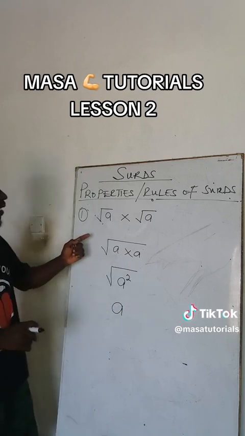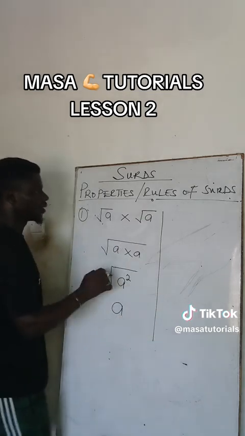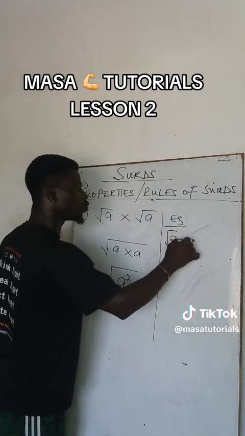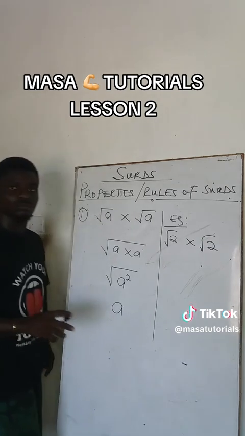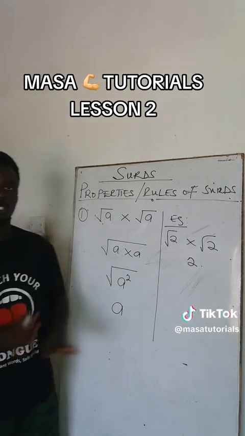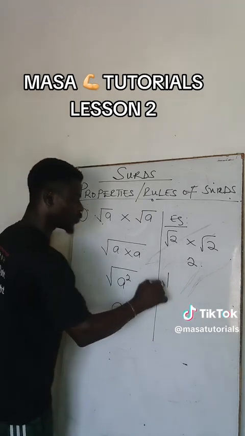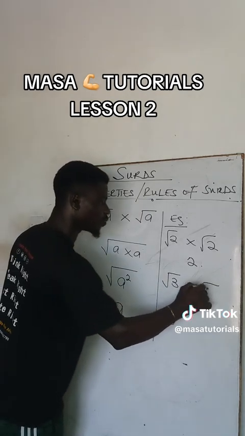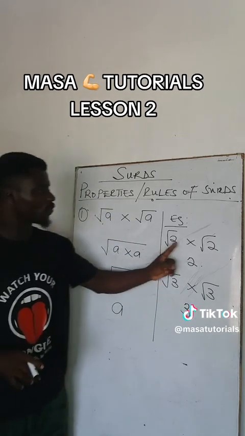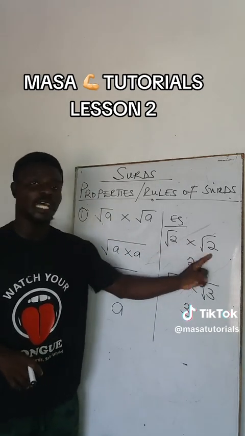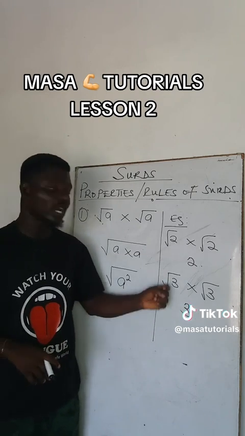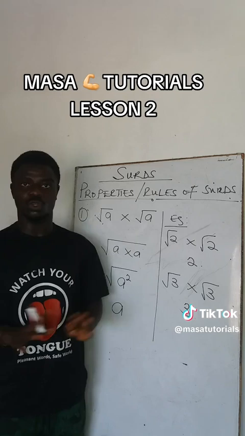Which means that if I give you an example, square root of 2 times square root of 2, it's best you say 2. If I give you square root of 3 times square root of 3, it's best you say 3. Because square root of 2 times square root of 2, that's 2 times 2 is 4. You just bring the square root so that you have square root of 4, which gives us 2.